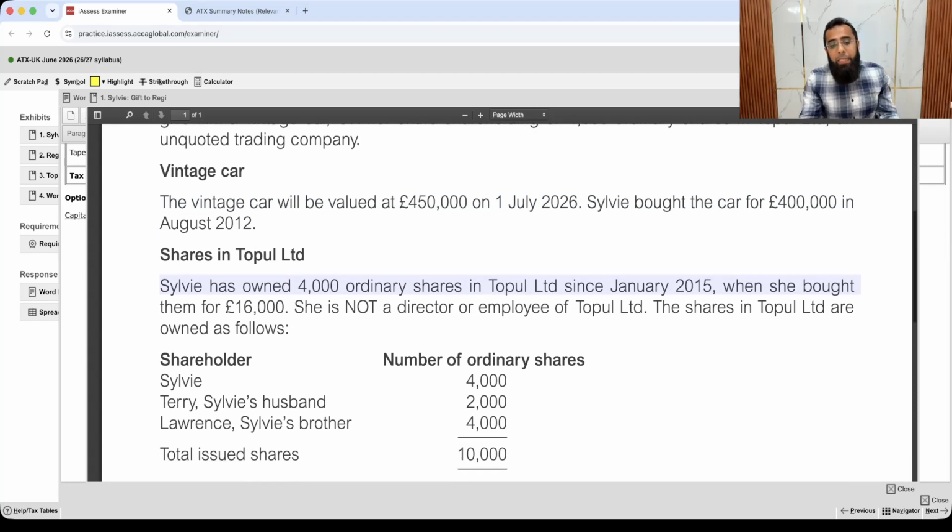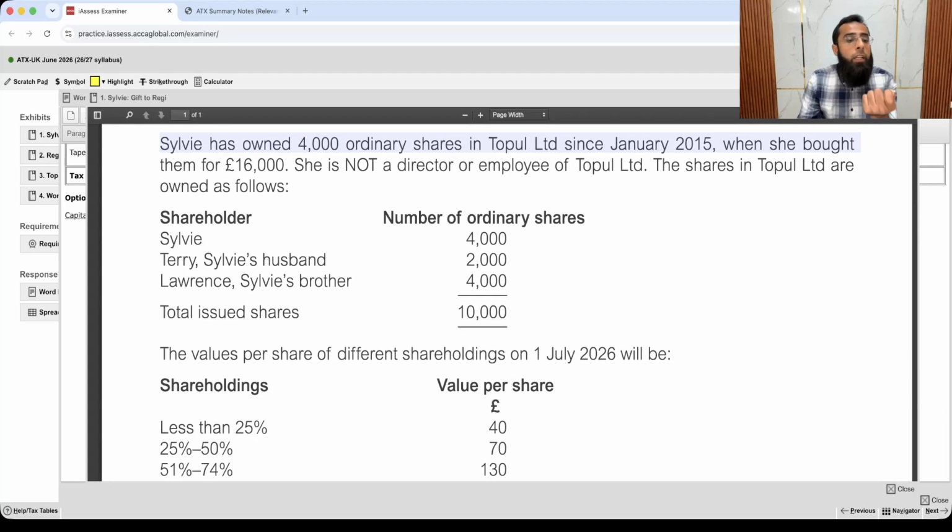From capital gain tax, you will just pick up the market value of these 4,000 shares. One important thing to understand: the concept of related party shareholding is of IHT, where you take the impact of related party shareholding in valuation. This is a mistake which a student can make. CGT just looks at the market value. In IHT, we take the impact of your related party shareholding also. But in CGT, there is no such requirement.